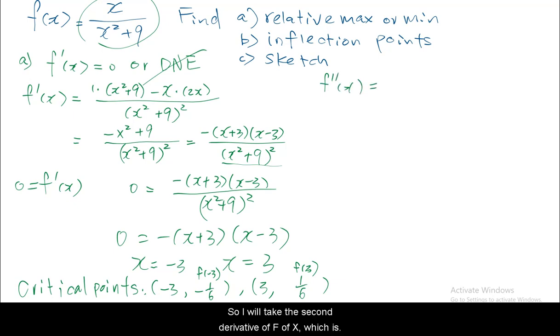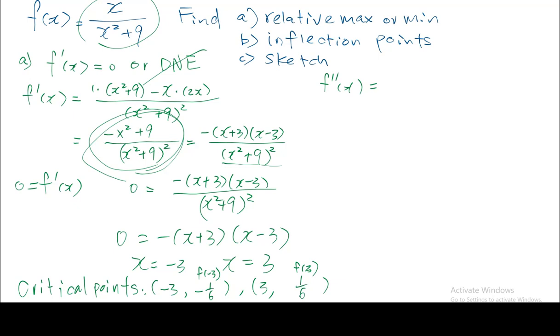So I will take the second derivative of f of x. Take the derivative of this expression, which is the first derivative of f of x. So again, chain rule, quotient rule. Take the derivative of the top, that's negative 2x, times the bottom squared, minus the top times the derivative of the bottom.